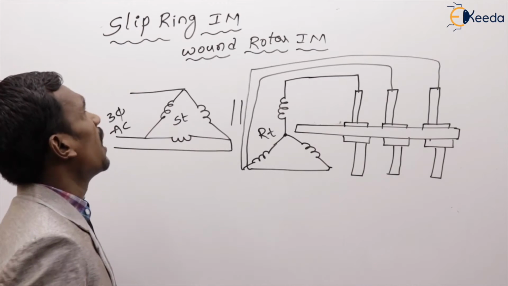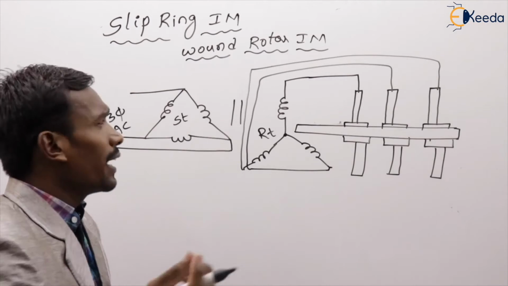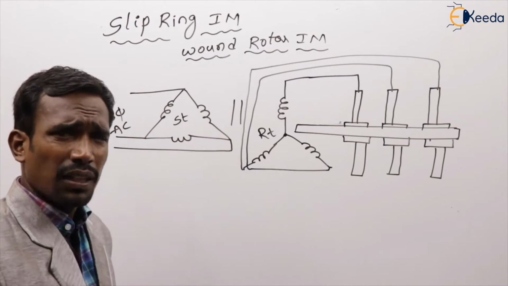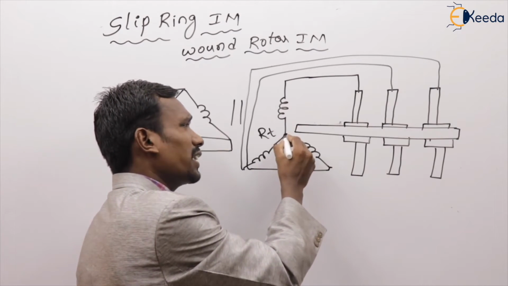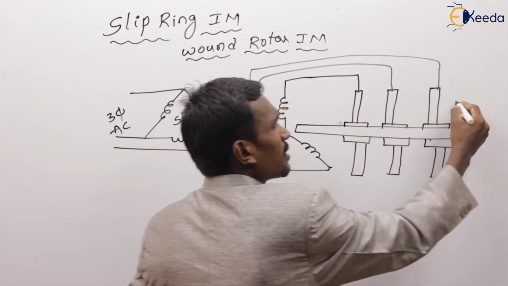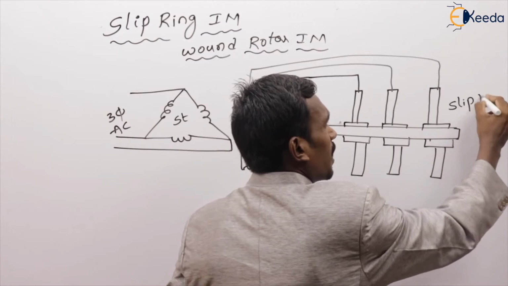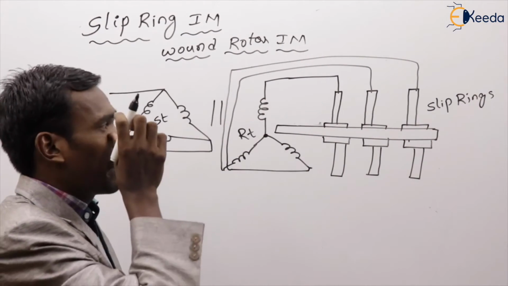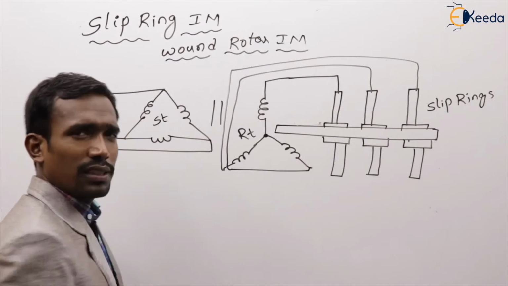This is simply our slip ring induction machine. The stator can be delta or star, but the rotor should be star connected in order to connect the rotor terminals to the slip rings.